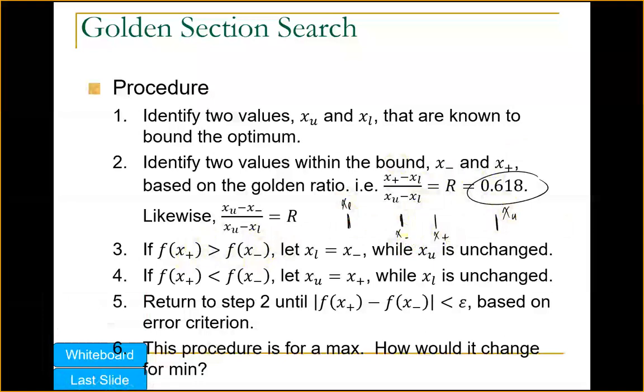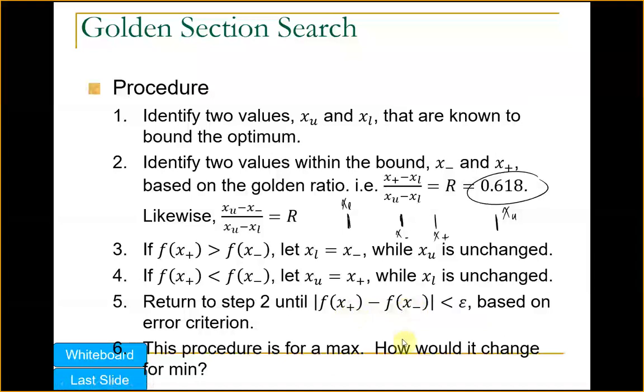Vice versa, if however this is a larger value, then we make the new upper bound X plus. You just keep doing that until the two functions are almost the same. When the two functions are almost the same, then we say we are at a maximum.